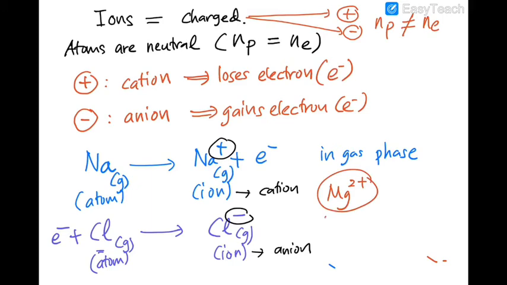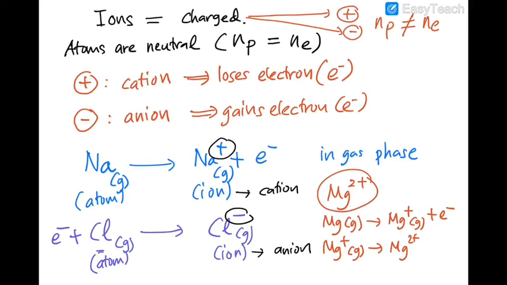We have first Mg becoming Mg plus plus an electron, and then the Mg plus will release another electron to result in Mg 2 plus. And this is actually very common in nature for us to see the magnesium cation, which is 2 plus in charge. The same also occurs for anions.